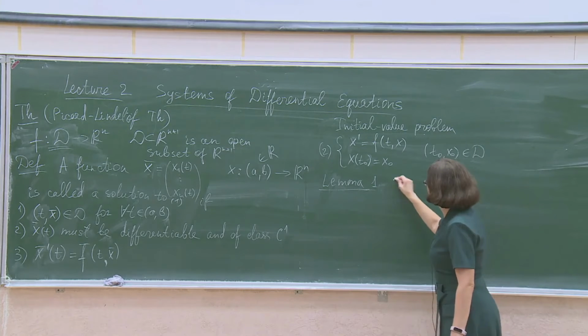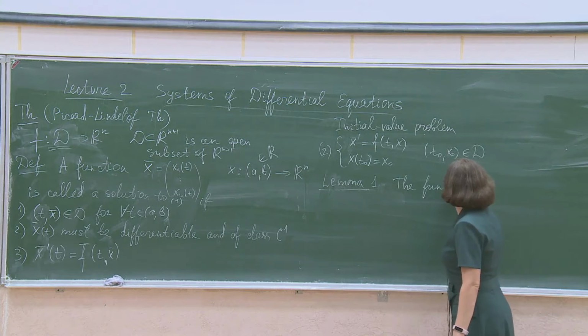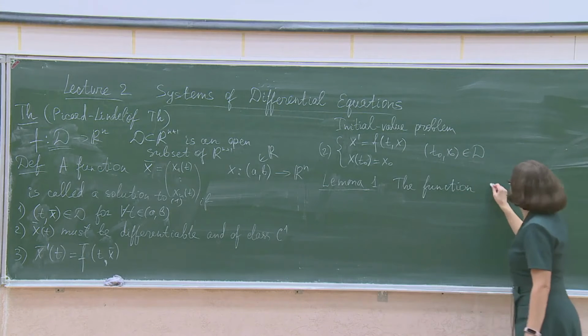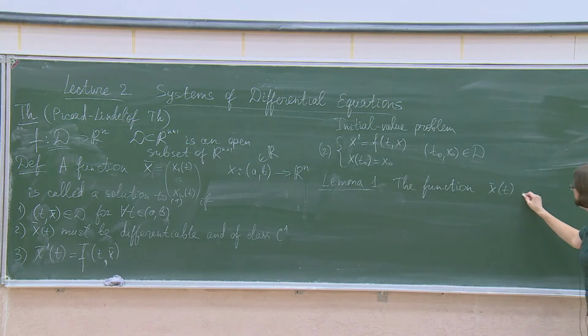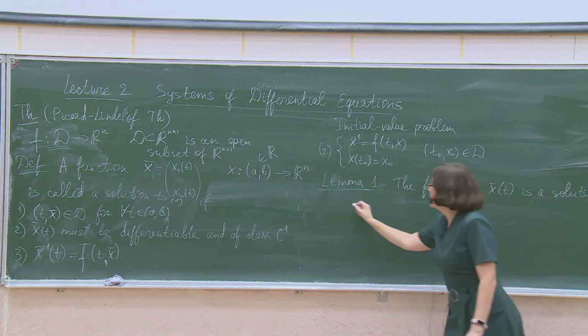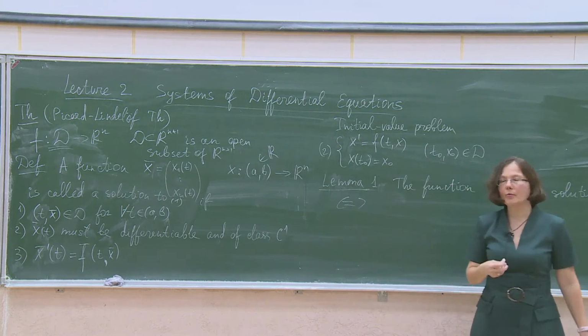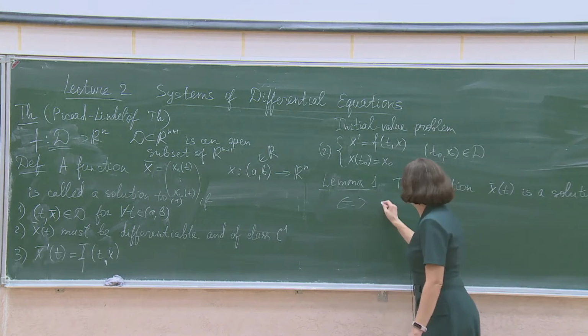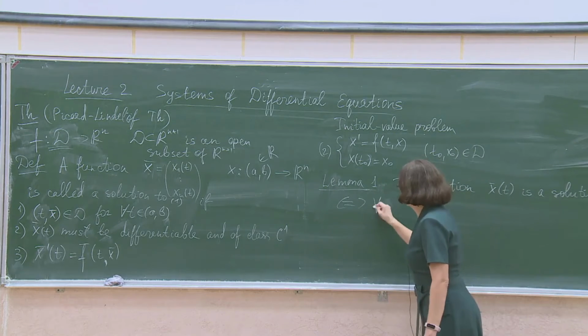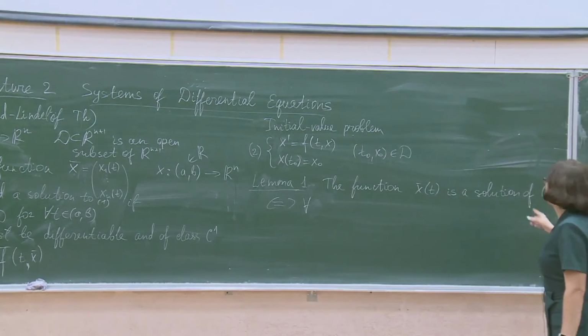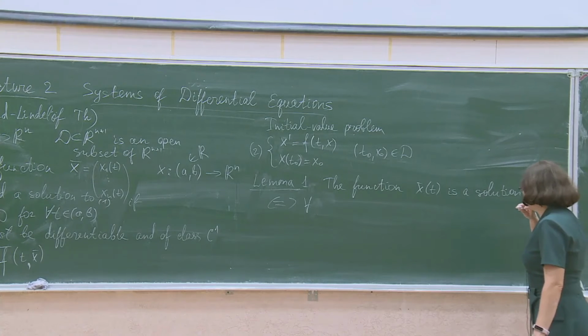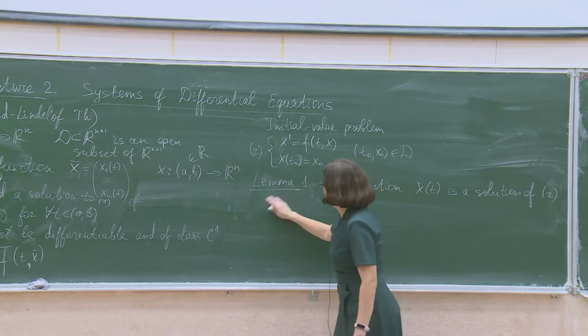It says that the function x of t is a solution of 2, this initial value problem, if and only if we have the following for any t. Okay, so x is a solution of 2 on the interval. Just a moment.